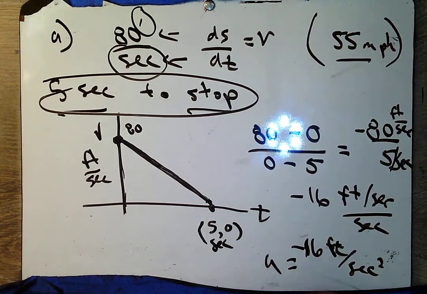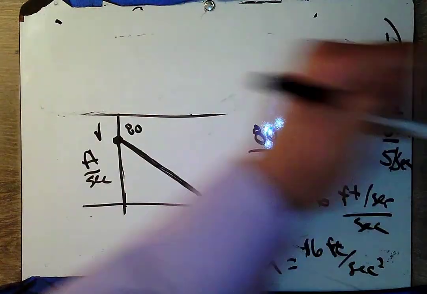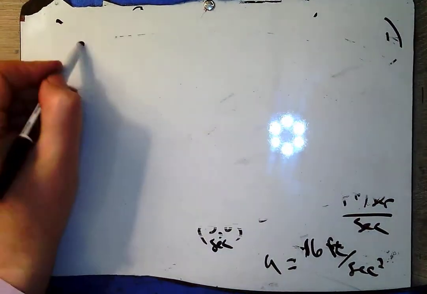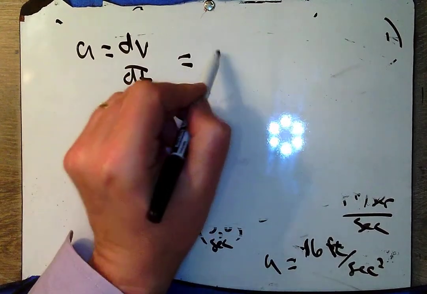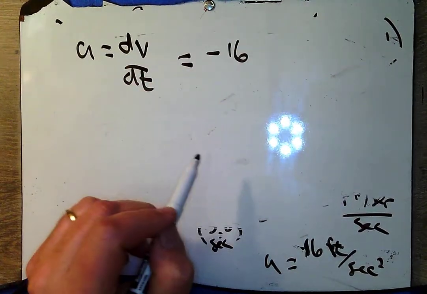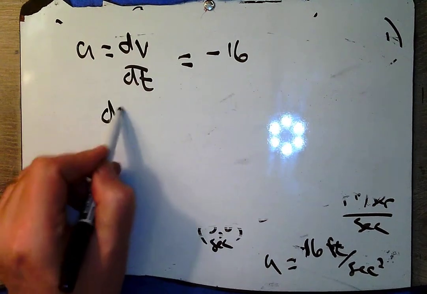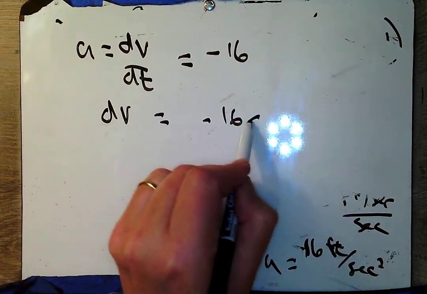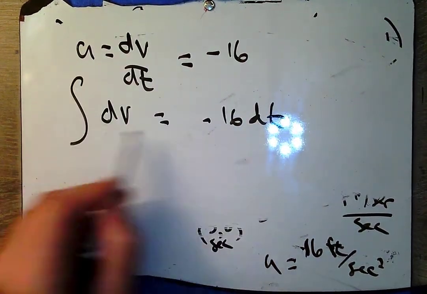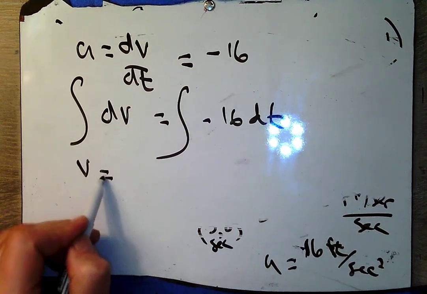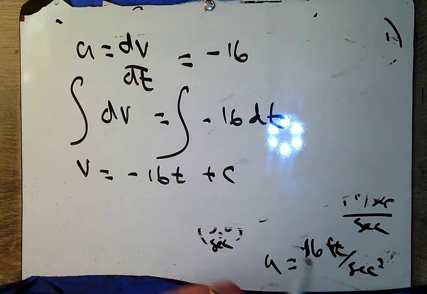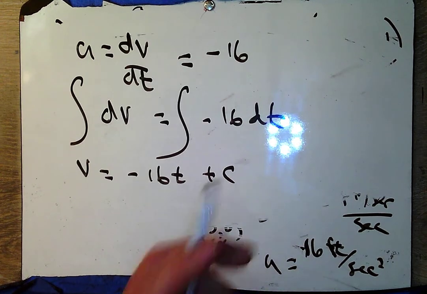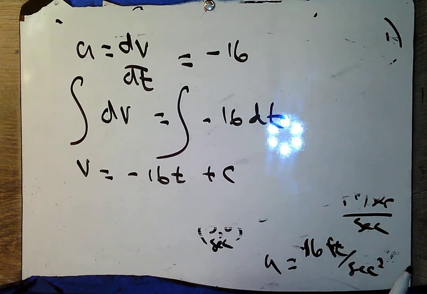Great. What's the velocity function? Well, let's start with a, also known as dv dt, is negative 16. So if I do my separation of variables, and then if I integrate, I get v equals negative 16t plus c. Of course, I'm going to need an initial condition, and yes, I've been given an initial condition here.